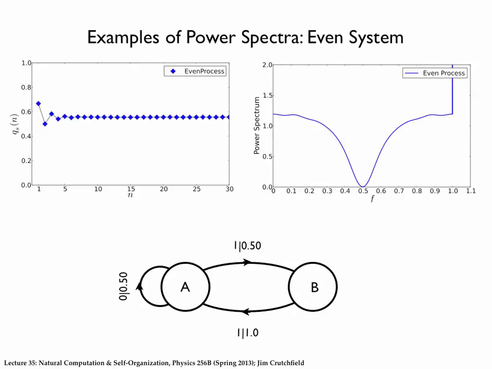And if you look at the system here, and also consider that a period 2 process would be of the form 0, 1, 0, 1, 0, 1. Yes. The only transition restriction really enforced by the even process is that you can't have 0, 1, 0, 1. So you should expect it to go identically to 0 at a periodicity of 1 half.